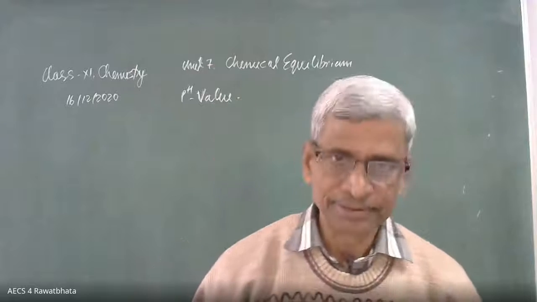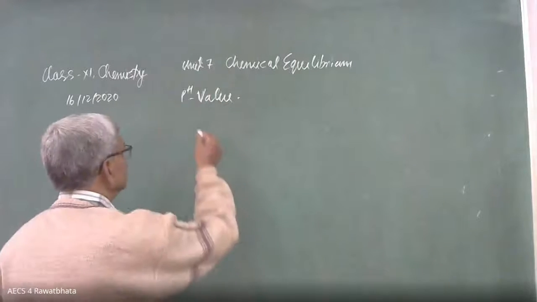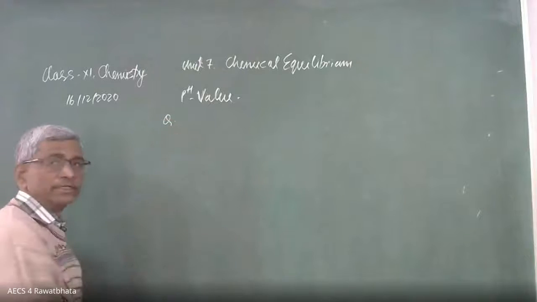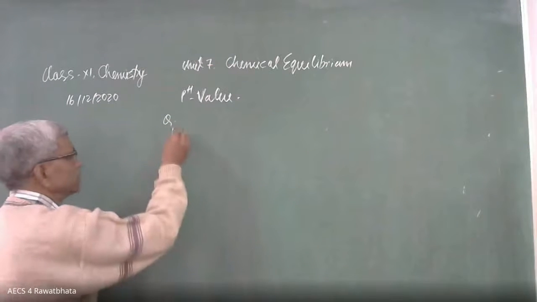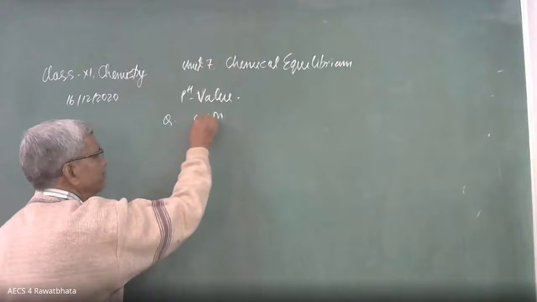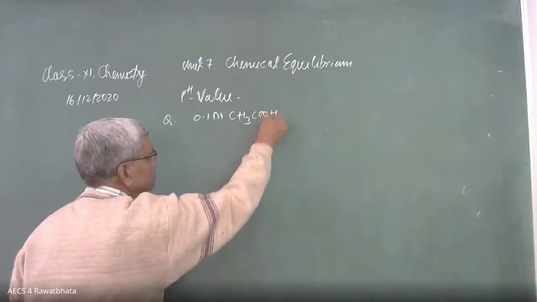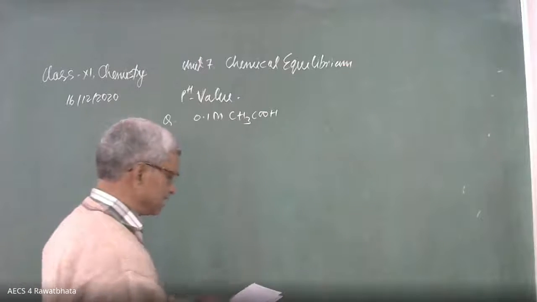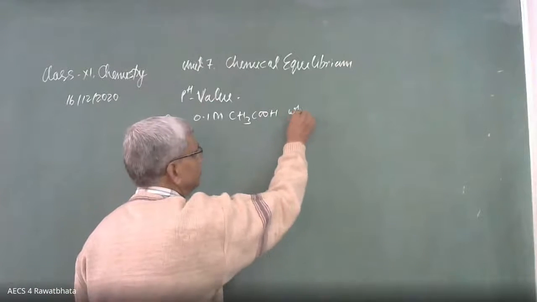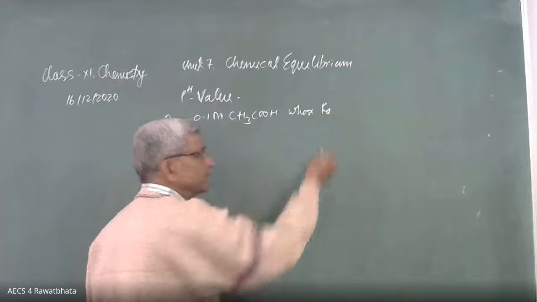I have a numerical question here. Please solve it along with me. The question is: a solution of 0.1 M acetic acid, CH3COOH, whose Ka is equal to... Ka is the equilibrium constant for acid.